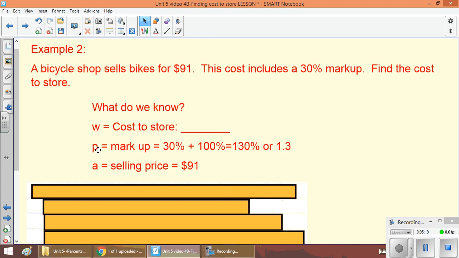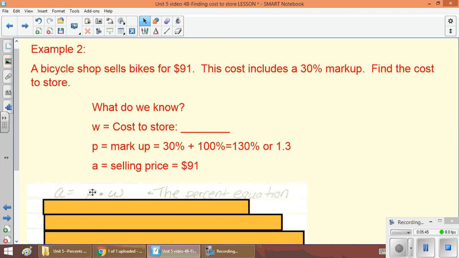We're trying to find our percent. Well, remember, our markup is 30% plus the original cost of the bike, whatever the store owner paid, which equals 130%. And as a decimal, we write it as 1.3. And we also know that A, our part, the selling price, is $91.